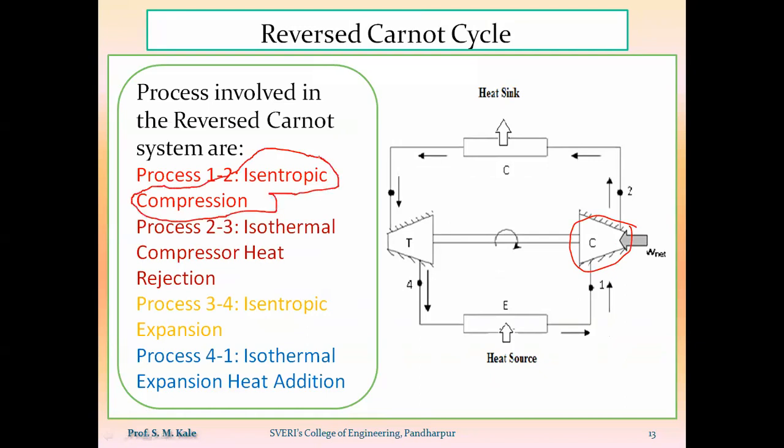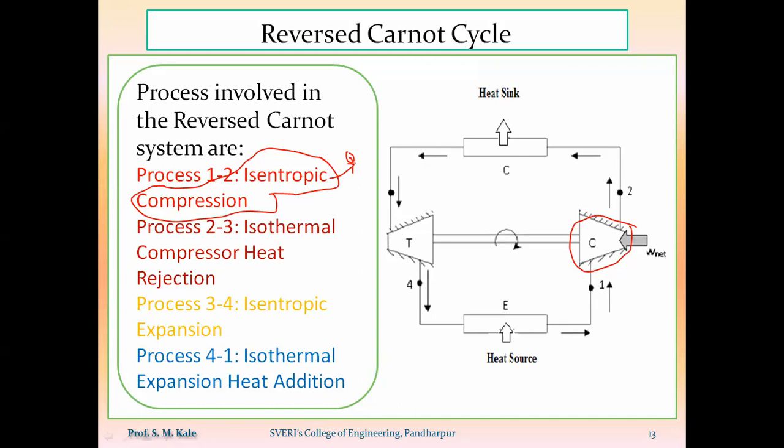And as the word isentropic is there, that means a reversible adiabatic process. That means no heat should be rejected from the system, and no heat should be absorbed. But during compression, we know that the heat content of the system will go on increasing.